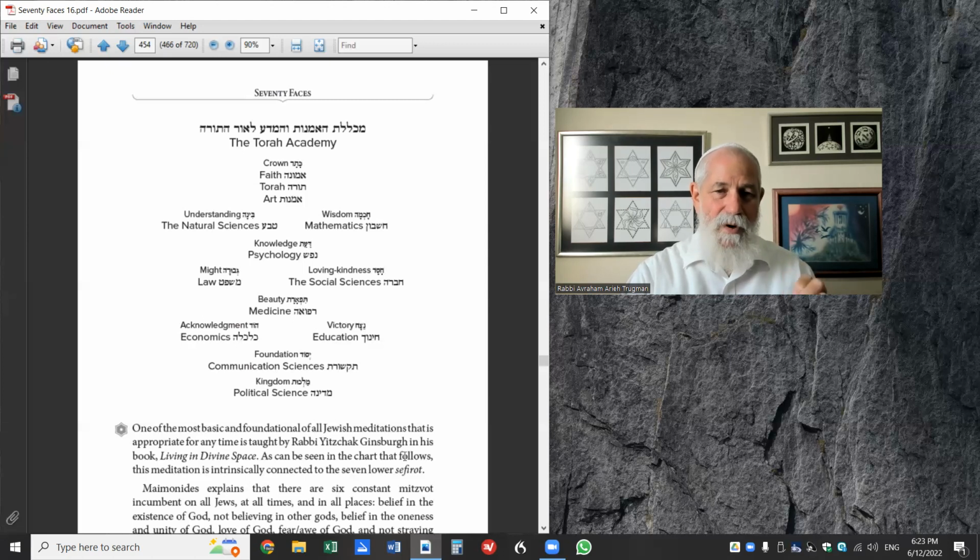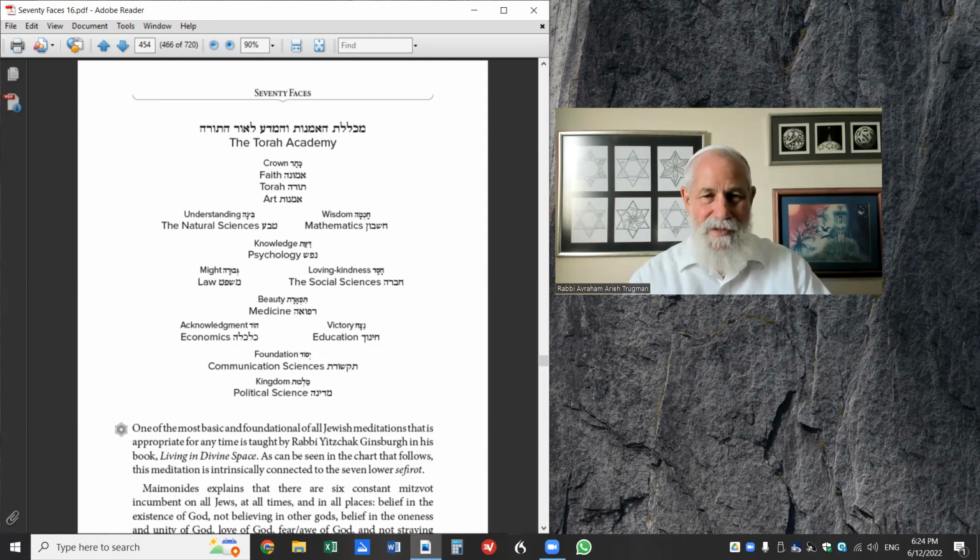But what I want to point out is that this chart was created with the bigger picture of creating a college, university, or academy that would unify Torah wisdom and secular knowledge. And this is like the different schools within the college, just like every college has different schools.